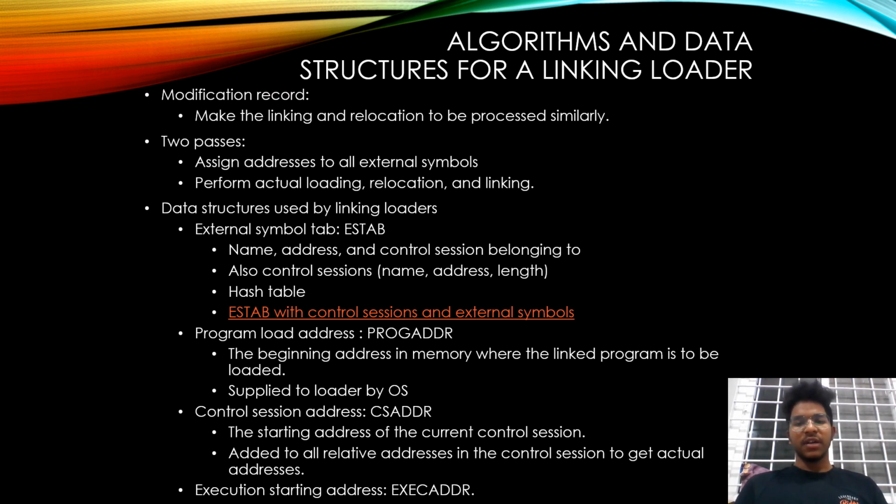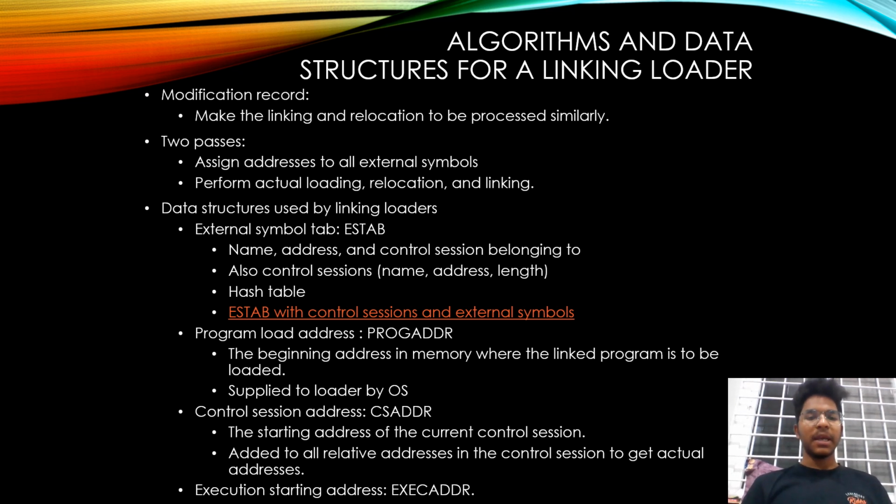Algorithms and data structures for the linking loader. The modification record makes linking and relocation be processed similarly. Two passes: the first assigns addresses to the external symbols, and the second performs the actual loading, relocation and linking.